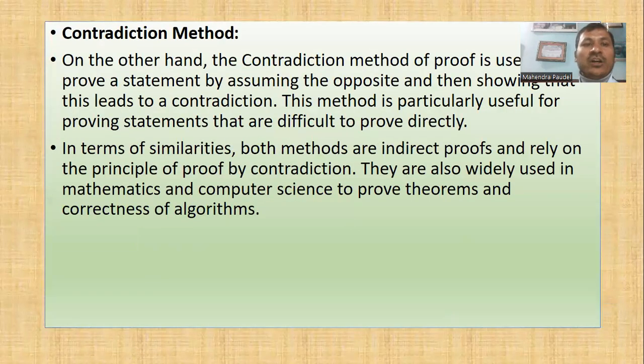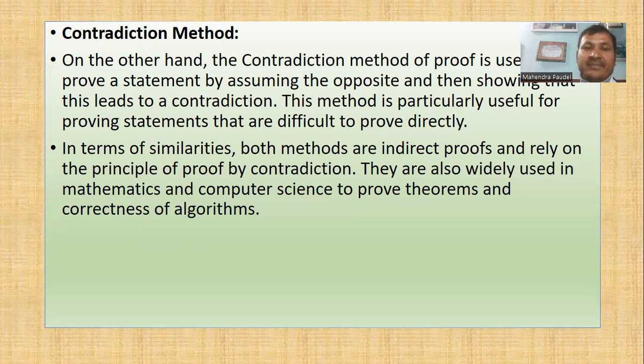Contradiction method. On the other hand, the contradiction method of proof is used to prove a statement by assuming the opposite and then showing that this leads to a contradiction. This method is particularly useful for proving statements that are difficult to prove directly.